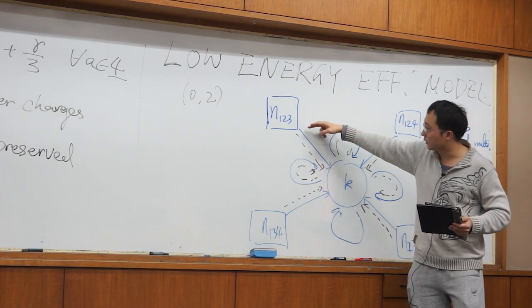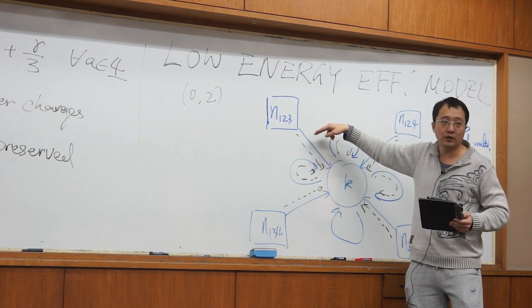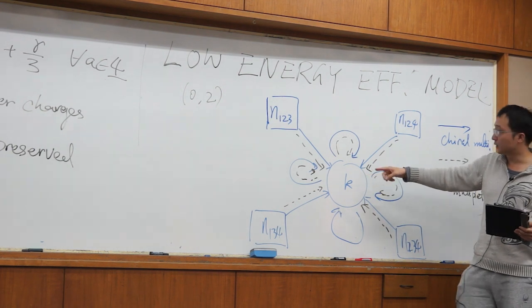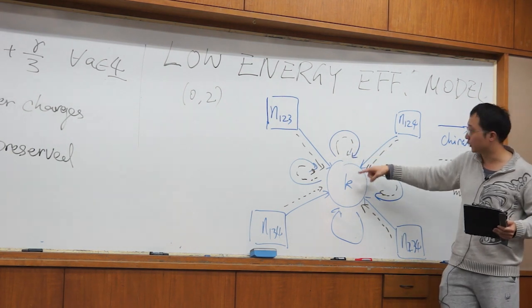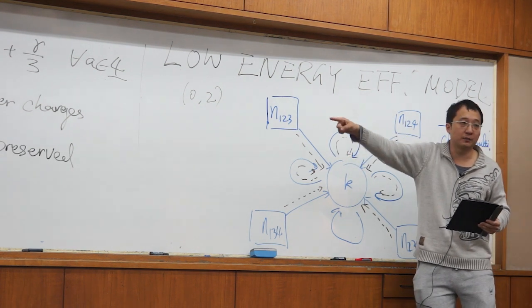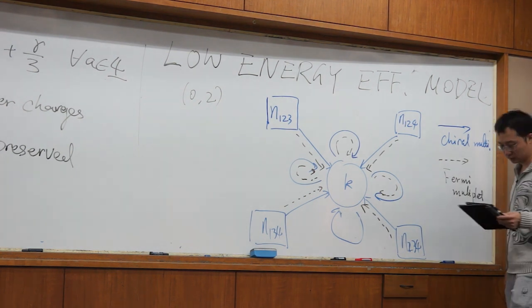In this case, the strings between D0 and D6 brane contribute a chiral multiplet and a Fermi multiplet. Then I also need to consider the strings stretching between the D0 branes, and this is also related to the B field there. So in the end, we got a physics model.